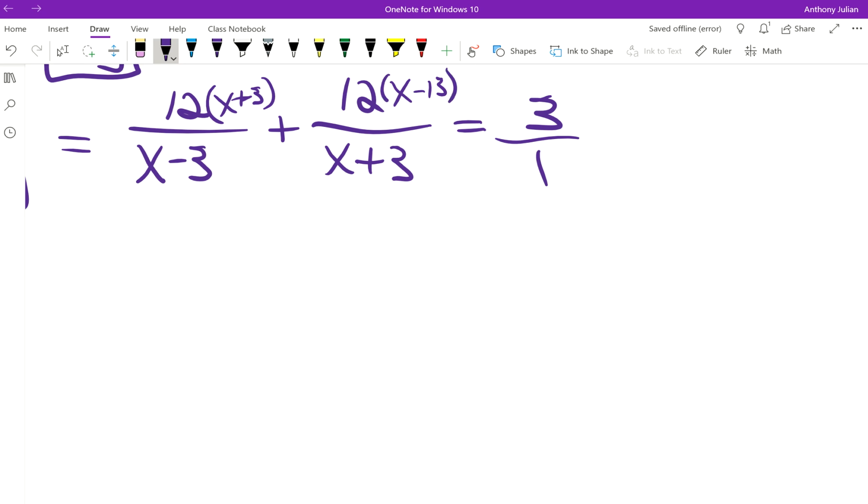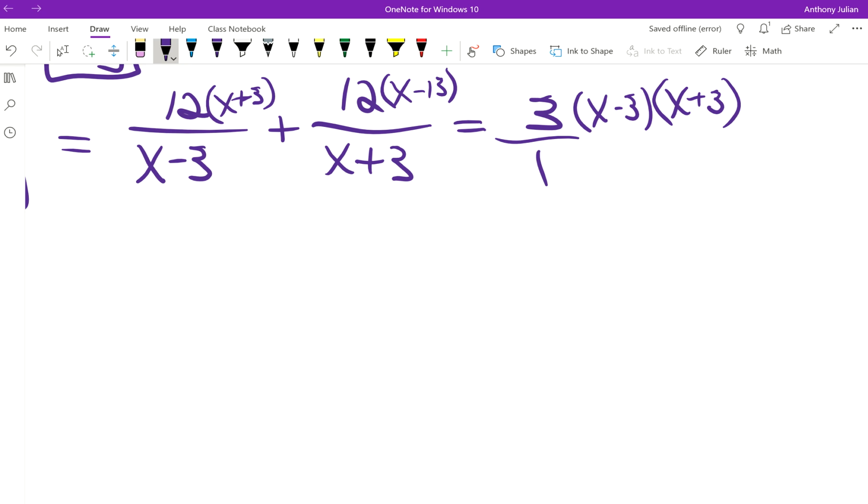And that's top. And the 3 then, top and bottom, I'm going to multiply by x minus 3 times x plus 3. And also on the bottom, and therefore my denominators are all going to be the same now. And I'm going to take care of my numerators. Okay, I hope that's okay to do that.